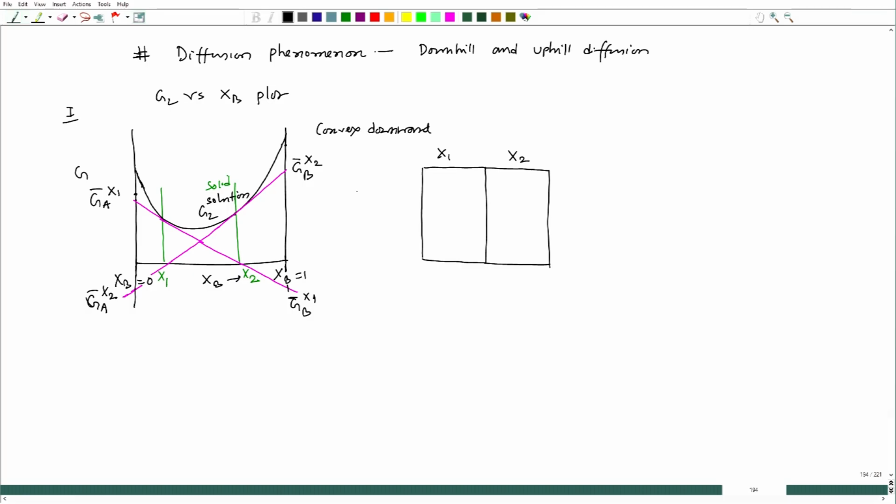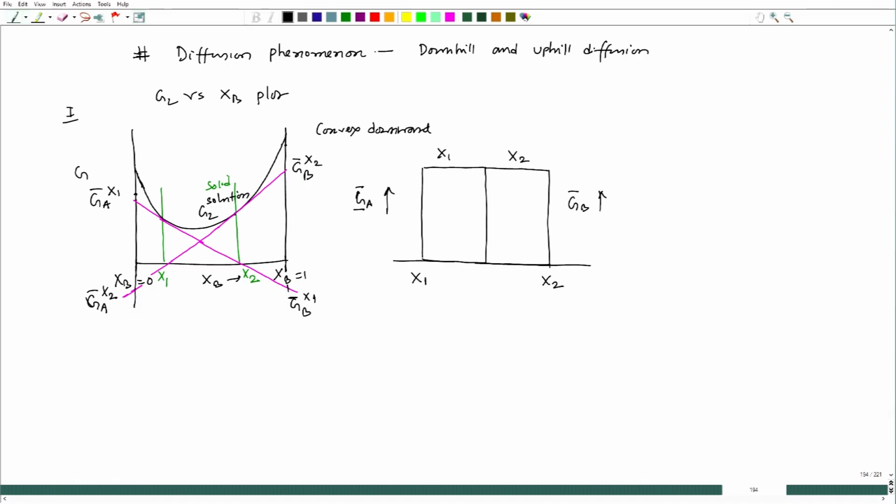This is G bar I am trying to plot. On the left side I am plotting G A bar, and on the right side I am plotting G B bar. This is the reference line, and this is the composition, one composition here is x1, this is x2.